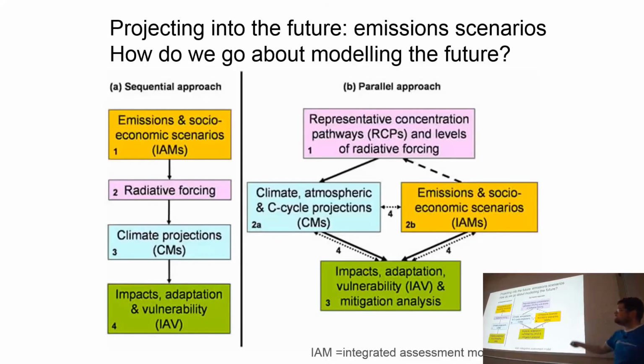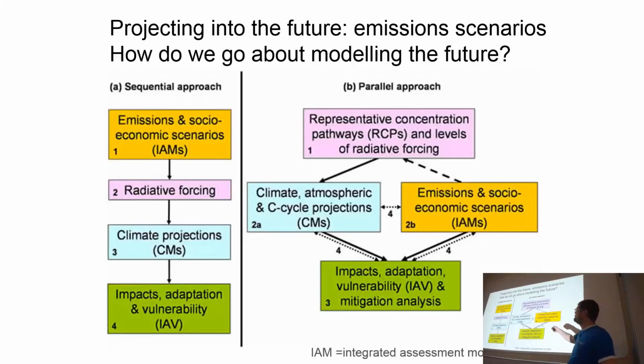Okay, so that's the way it used to be done. But we don't do it that way anymore. Rather than start out with a fixed set of policy decisions, we start out with some arbitrary amounts of radiative forcing. So are we going to force the climate to be very warm, not so warm, try and keep it at the same temperature?